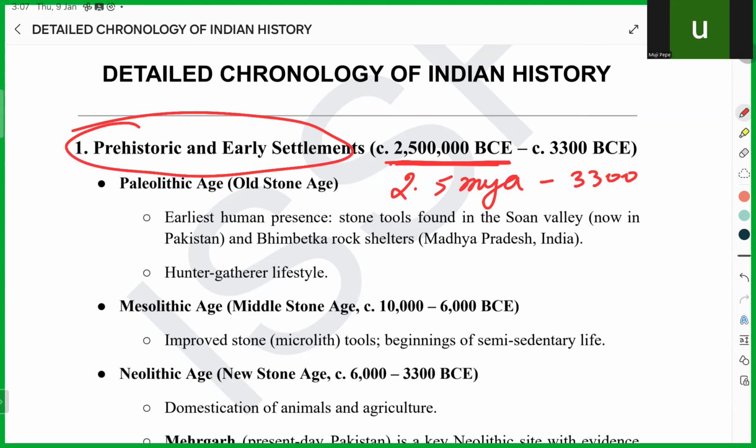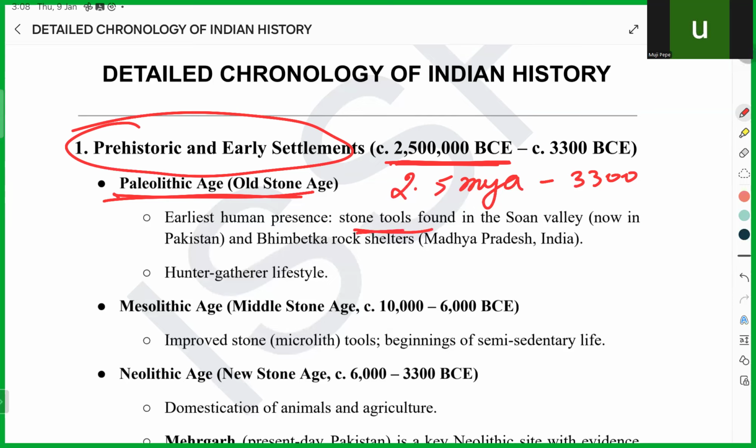And out of that as well, you have the Paleolithic era at the first, and it is the longest era. This is the longest era that we are coming across.